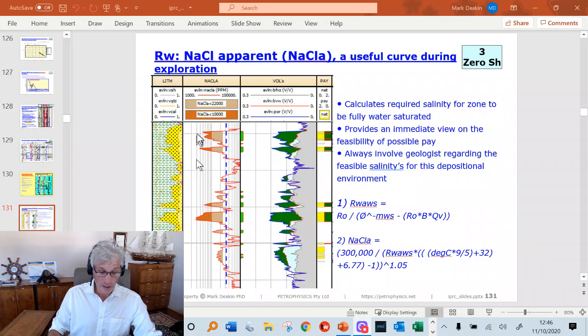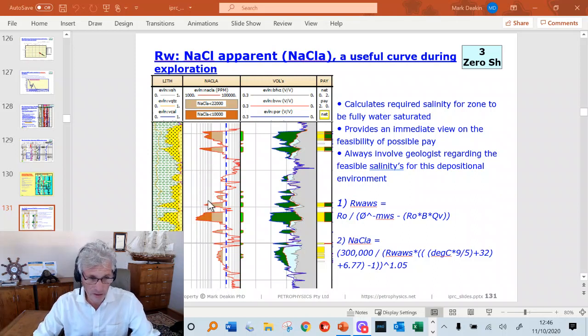You can do some more clever things with this concept. You can see what the observed resistivity indicates the salinity of the rock is if it's at irreducible water saturation. Now, most rocks, most clastics, are about 0.06 or 0.07 bulk volume water when they're at irreducible.